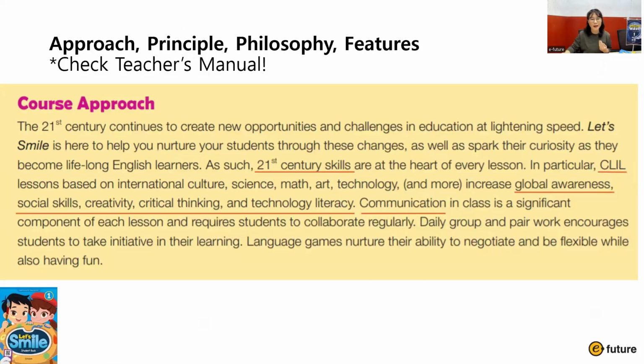And you can also check teacher's manual, right? For approaches, principles, features, and philosophy of the book. And this can be related to the goals of the series as well. So if you look at this course approach, we talk about CLIL, 21st century skills, global awareness, social skills, creativity, critical thinking, technology literacy, communication.